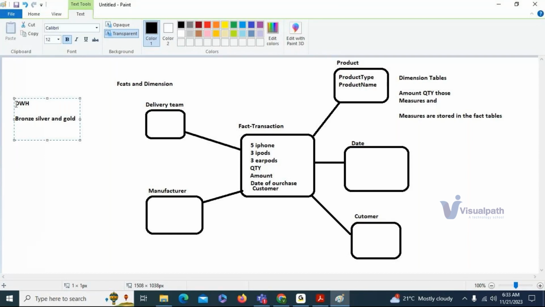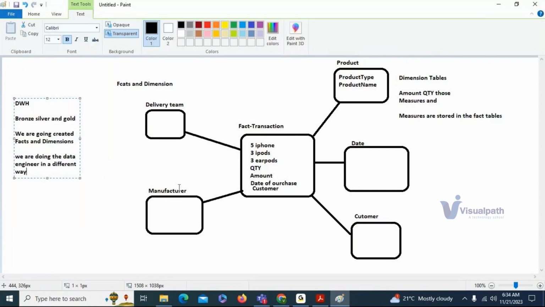In the case of Databricks, we are going to create facts and dimensions in the final project that we are doing. So the basics remain the same; we are doing the data engineering in a different way.